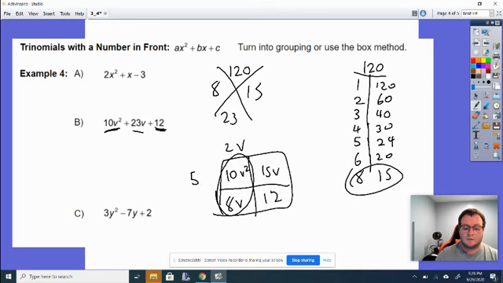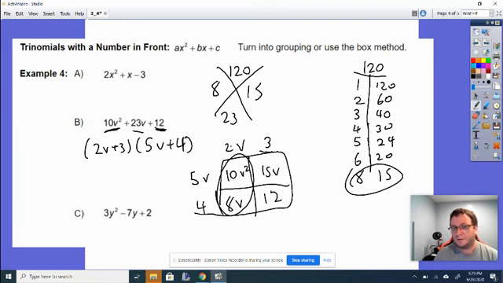And then here, it's going to be 5v. 2v times something gives me 8v. It's going to be 4. 5v times something gives me 15v. It's going to be 3. 3 times 4 is 12. So then my factors for this one are 2v plus 3, 5v plus 4. Okay, and there we are.